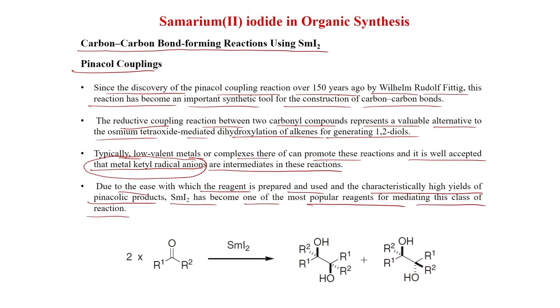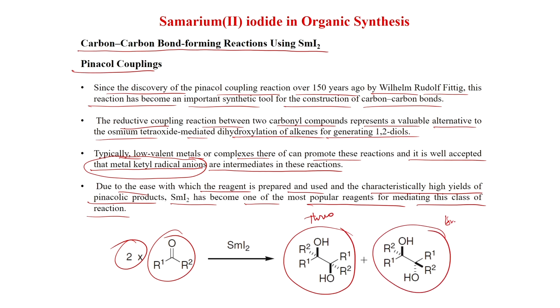So, here you can see carbonyl compound is present, and with 2 equivalent you can get either the threo product or the erythro product, 2 products you can get, and we will see the selectivity later, and samarium iodide can do this pinacol coupling.